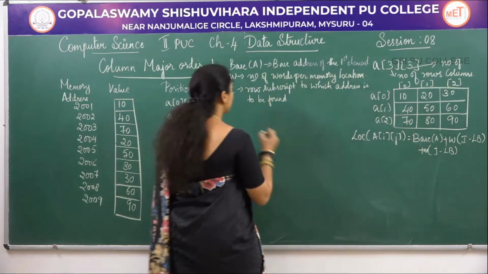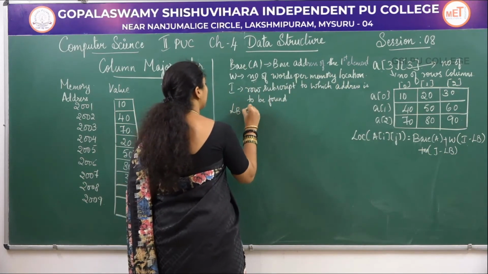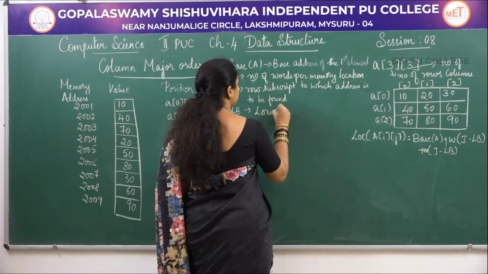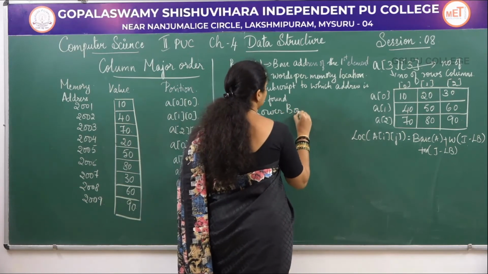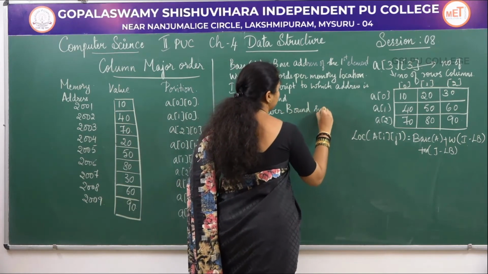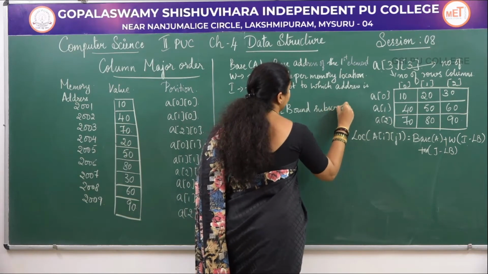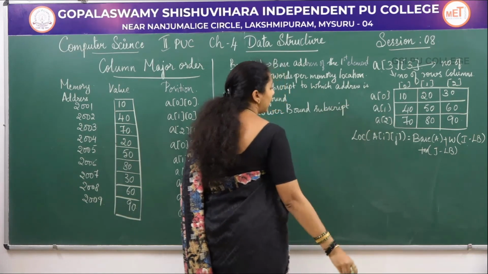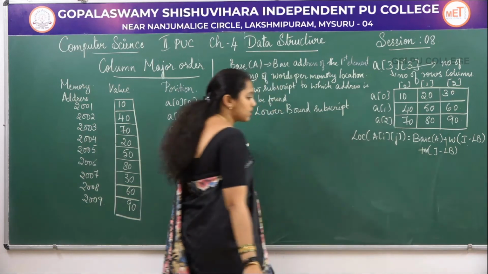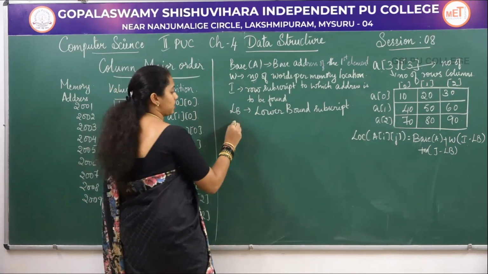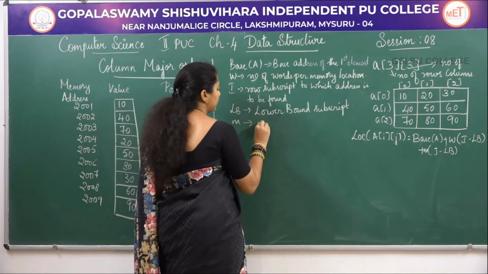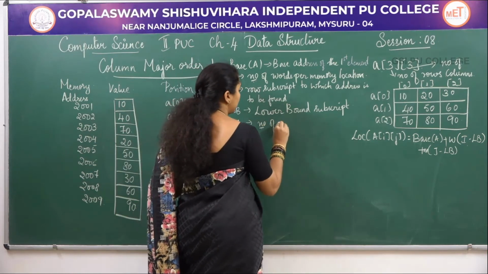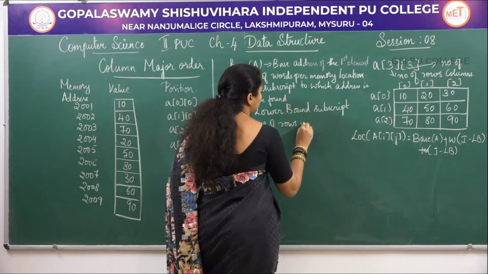LB represents lower bound subscript. And M represents the number of rows in an array, the number of rows in a matrix.